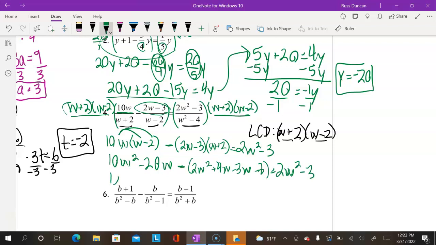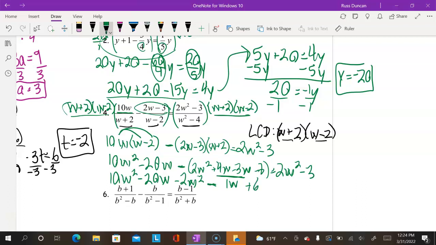This is a lot. So 10w squared minus 20w. This minus distributes. These two can be combined too. So that gives me 1w. So I get minus 2w squared minus, because it would have been plus 1w. Is that supposed to be a 6? Yes.